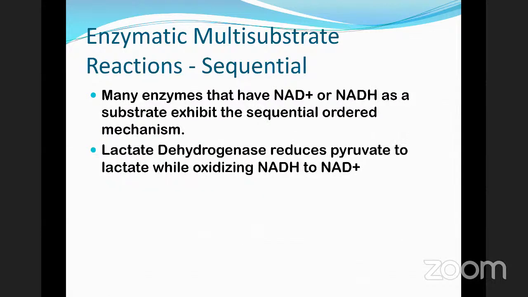And many enzymes that have NAD plus or NADH would be an example of a sequential ordered mechanism, such that your lactate dehydrogenase reduces your pyruvate to lactate while oxidizing NADH to NAD plus.